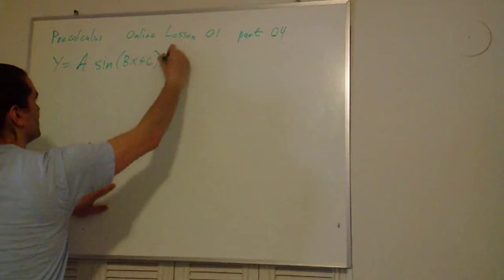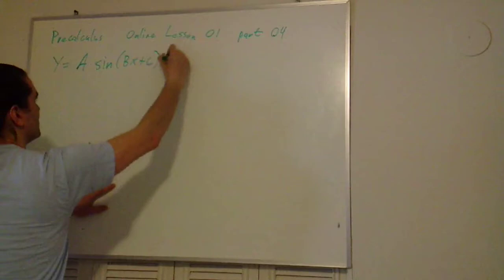And then the period will be 2 pi divided by this number that multiplies x. Dividing by 1/2 is the same as multiplying by 2, so I'm going to get 4 pi as my period. So this is all the information I need to construct a graph. I will make some axes.